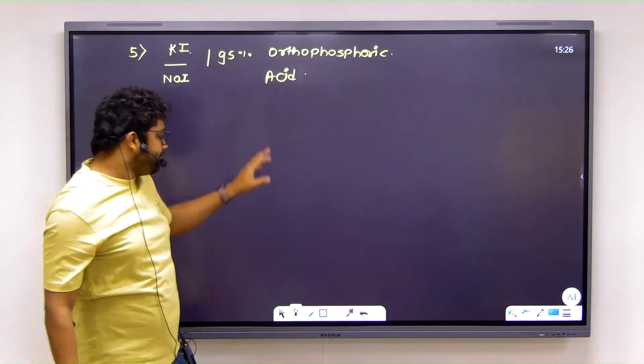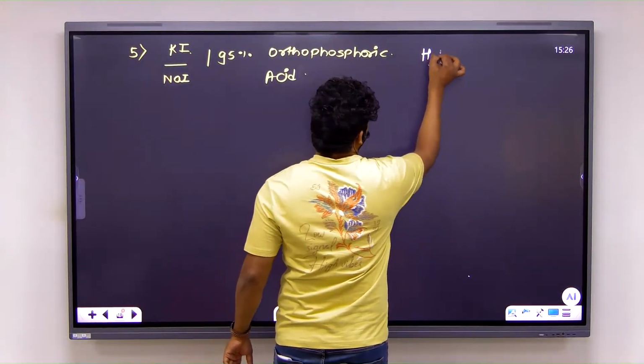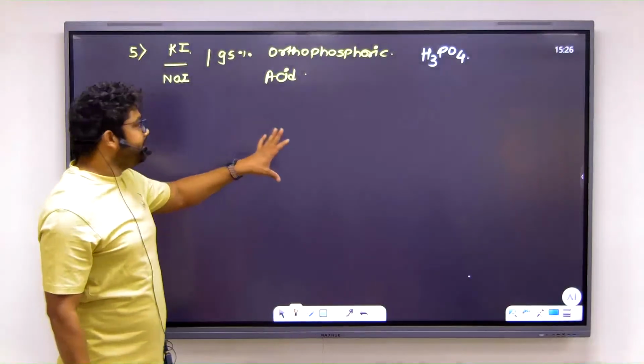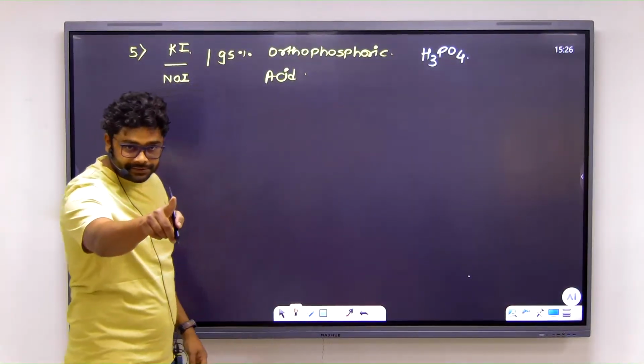So what is the formula of it? H3PO4 you are treating, right? This method with the alcohol just forms what? An iodide. What it forms?